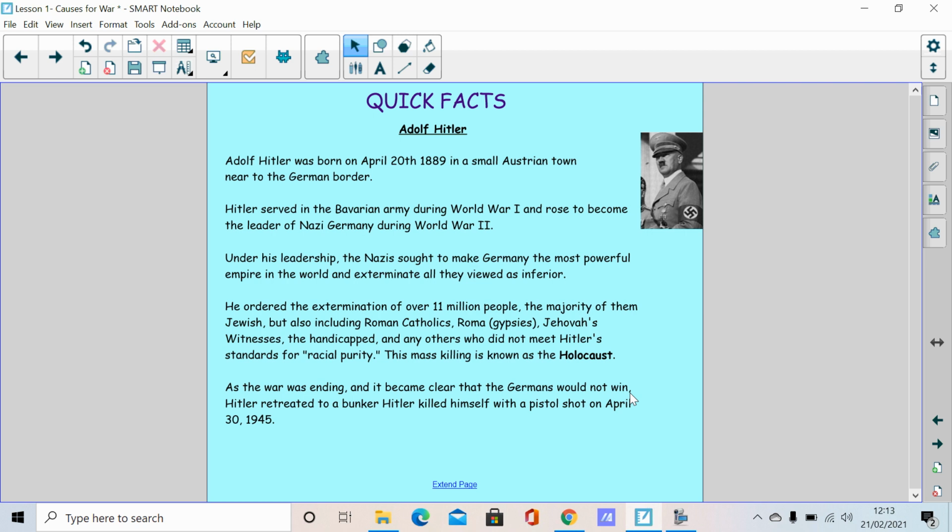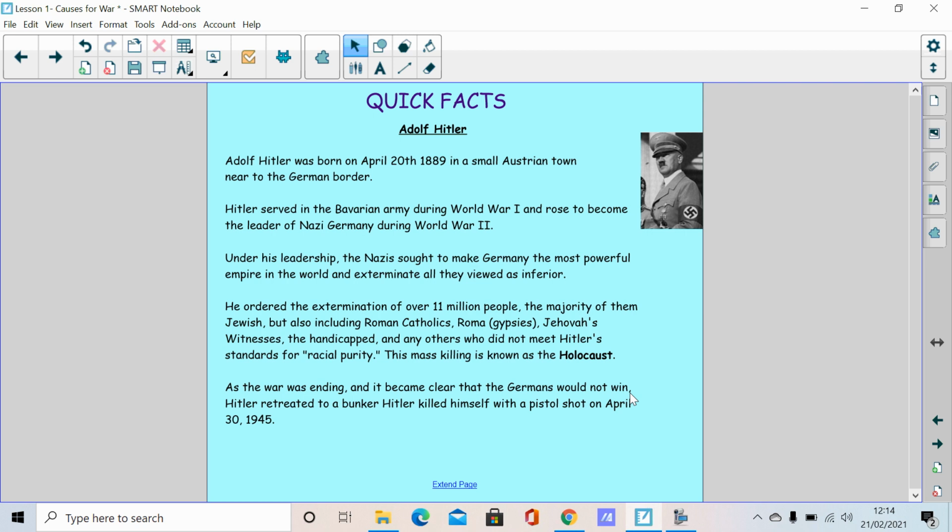But he did have very extreme views about how he was going to make Germany powerful again, and was very much about getting rid of anybody who he saw as inferior. He ordered the extermination of over 11 million people during World War II, and just slightly before it as well.